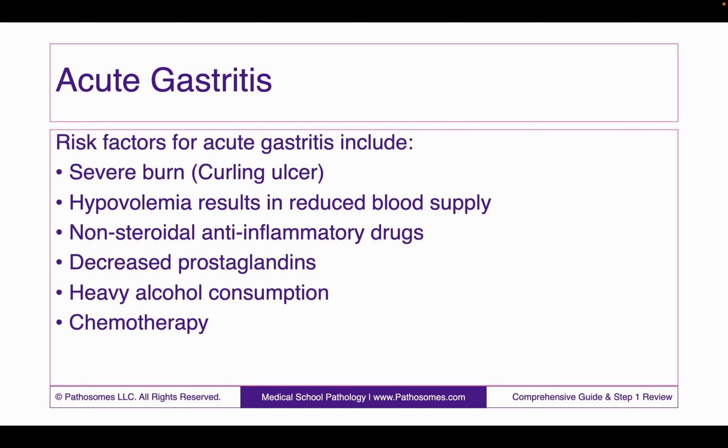Risk factors for acute gastritis include Curling ulcers from severe burns, hypovolemia, which results in reduced blood supply, NSAIDs, decreased prostaglandins, heavy alcohol consumption, and chemotherapy.